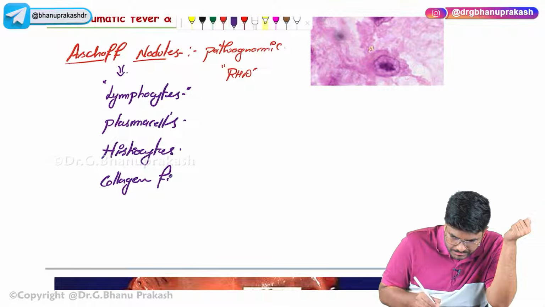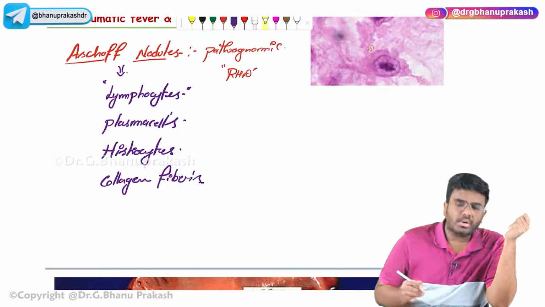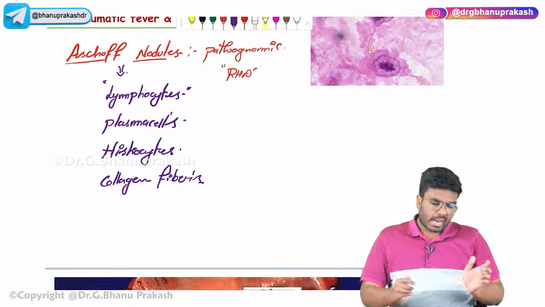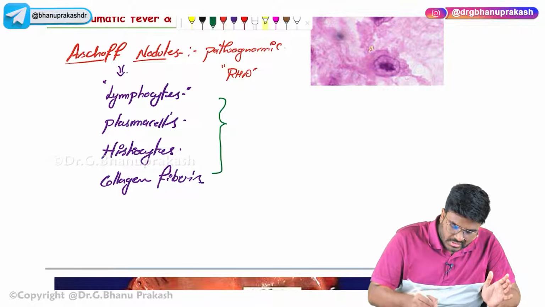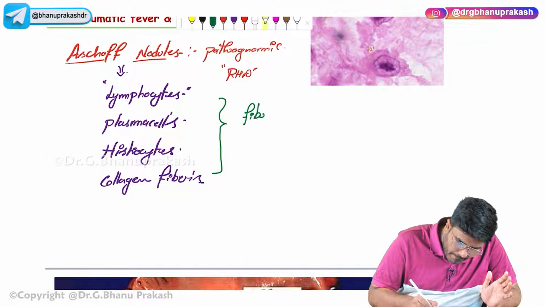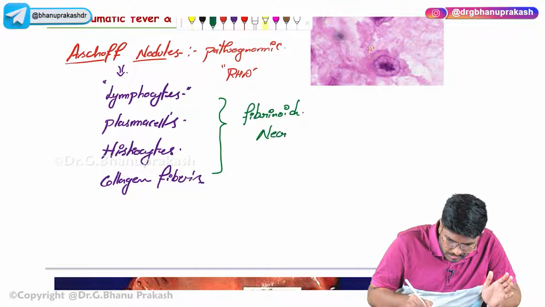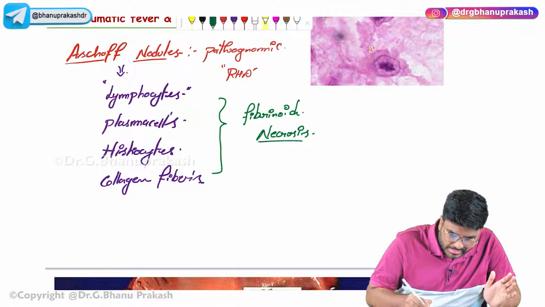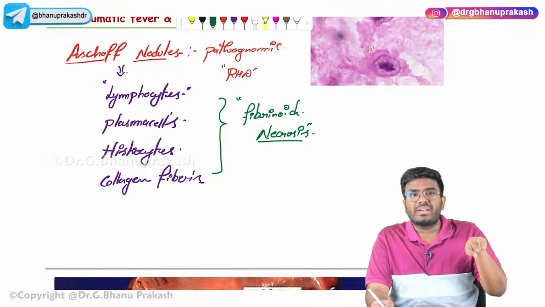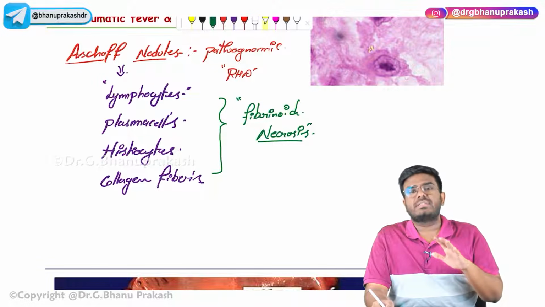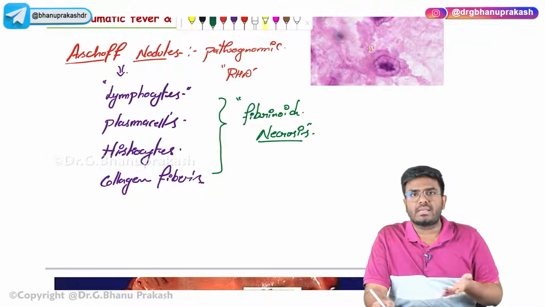Collagen fibers are seen. So all these are seen. Okay, and even the area is undergoing the necrosis. So it's which type of necrosis? Fibrinoid necrosis. So it's a necrotic area.